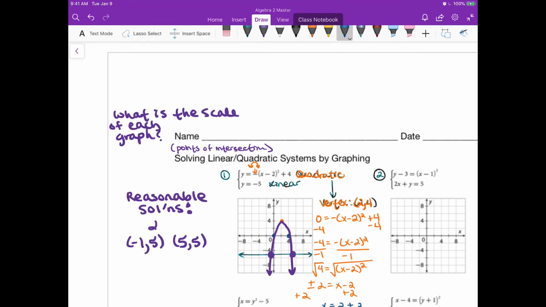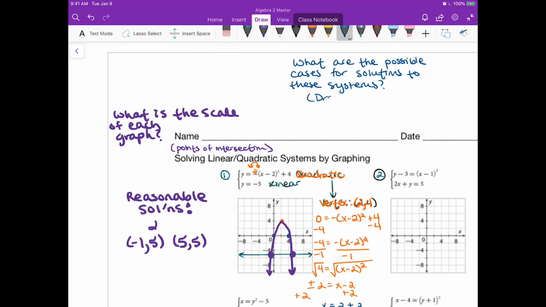So another question to ask yourself would be, what are the possible cases for solutions to these systems?